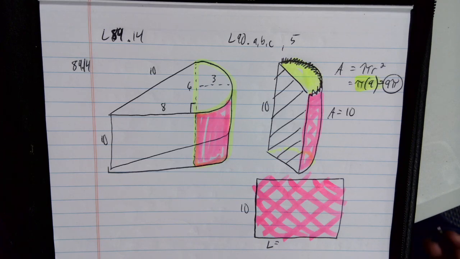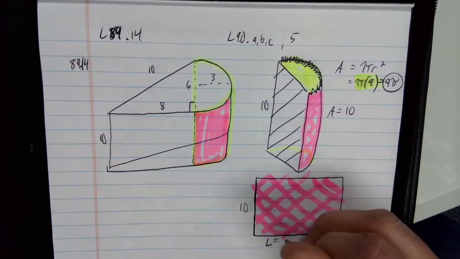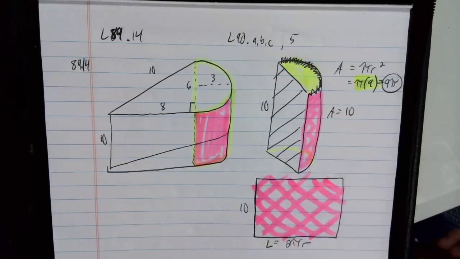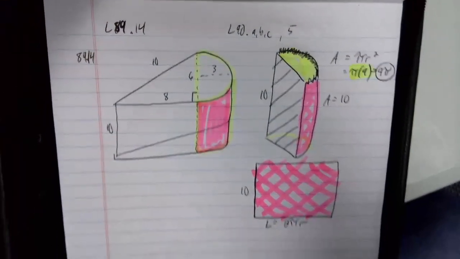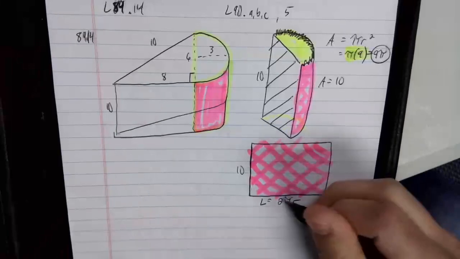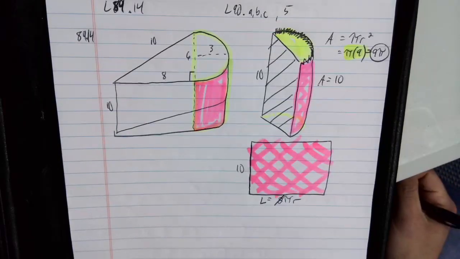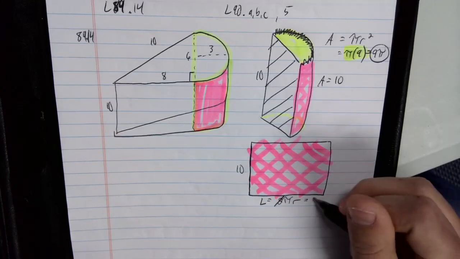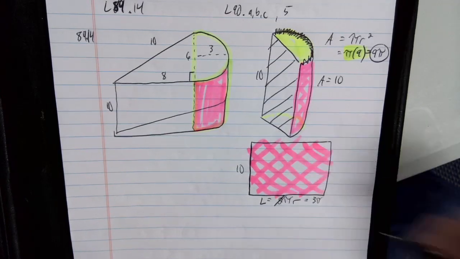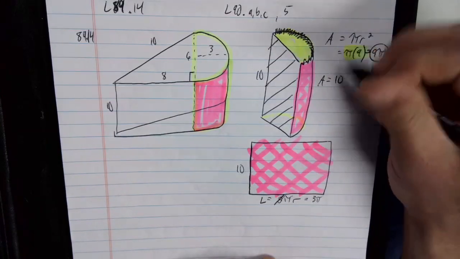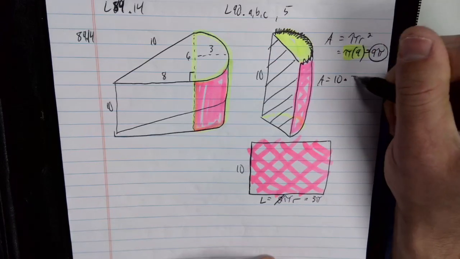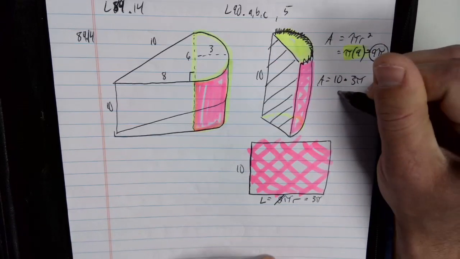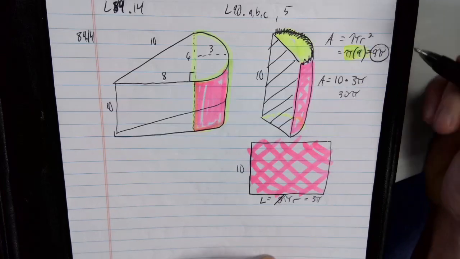So what's the circumference? Circumference of a circle is 2 pi r. So half of that would just be 2 pi r divided by 2, which is just pi r. In this case, the radius is 3, so it's going to be 3 pi. So the area would be 10 times 3 pi, or 30 pi.